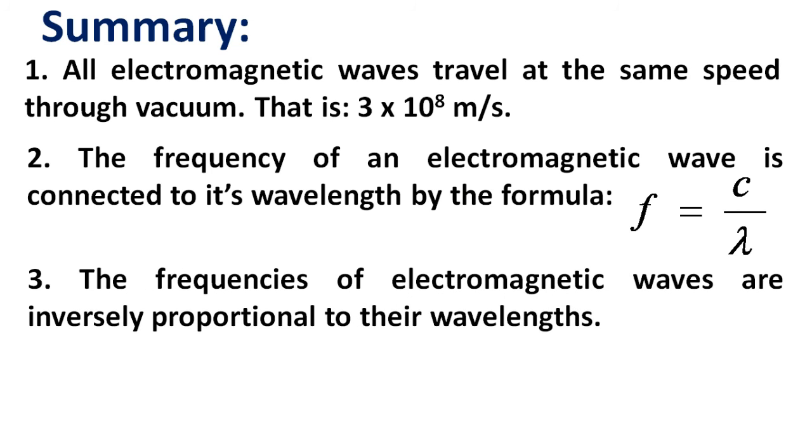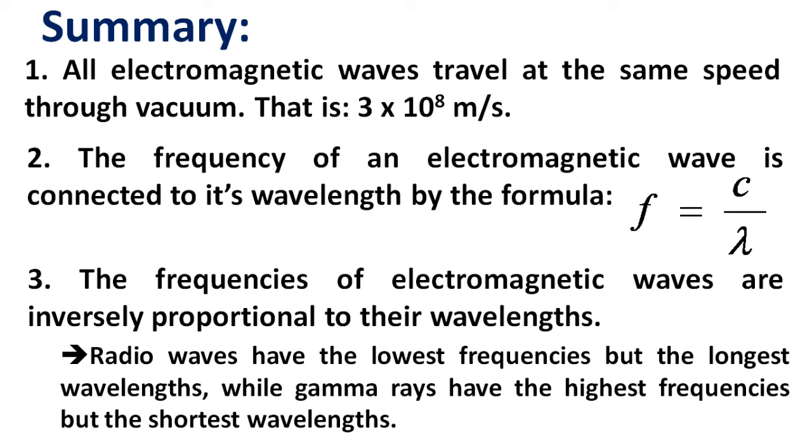Therefore, 3. The frequencies of electromagnetic waves are inversely proportional to their wavelengths. Radio waves have the lowest frequencies but the longest wavelengths, while gamma rays have the highest frequencies but the shortest wavelengths. Great. In the next class, we will be learning about the sources and uses of the various electromagnetic waves.